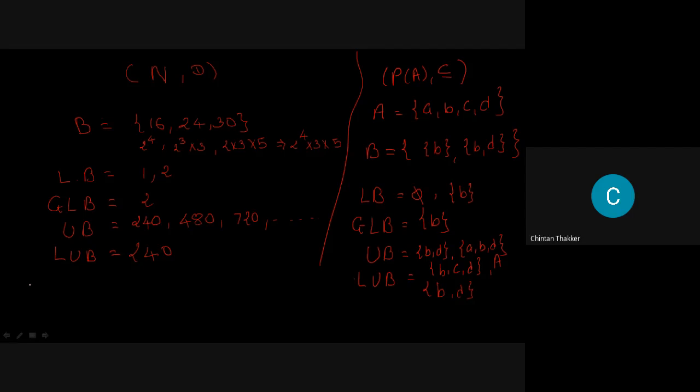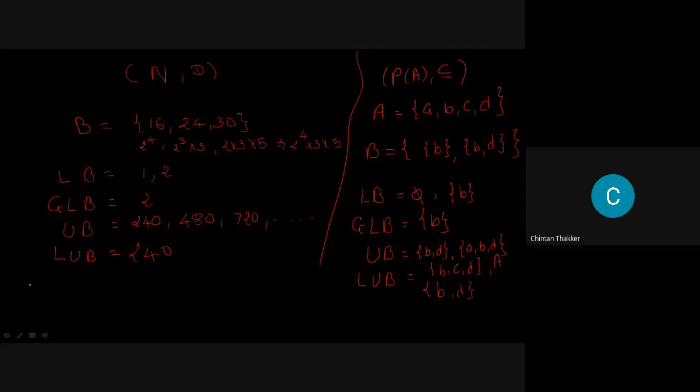Once again, let me recall the definitions. The lower bound is an element of the coset which is related to all elements of the subset. That element is called a lower bound of that subset.